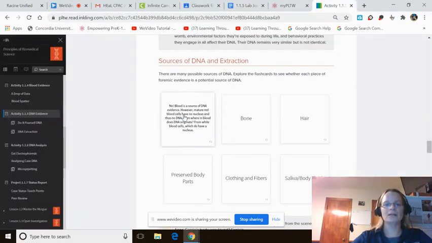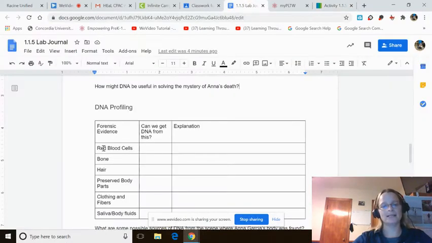Flip the card. No, surprisingly, you cannot. Red blood cells don't have a nucleus. Okay, so that's the answer for this one. No, no nucleus. If you need these typed out for you, look at the completed work. Bone?